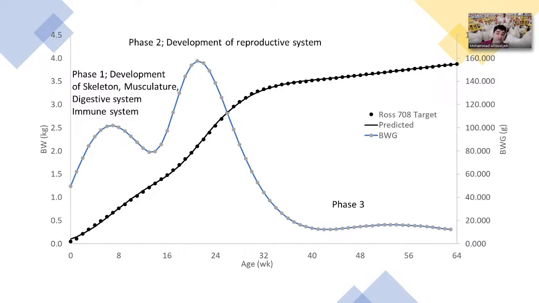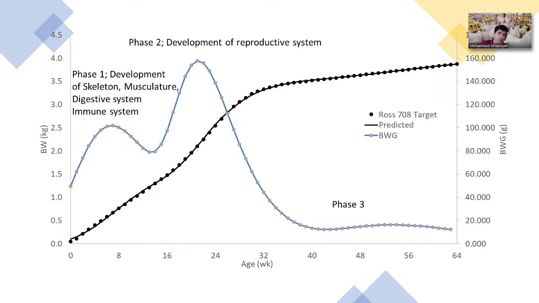It's a long time, and during their traveling in the truck, they don't really have access to a good environment, good diet. That's why when they arrive, we need to be a good host for them. We need to have a robust diet for them. And that's why phase 1 of growth is really important, and we need to pay specific attention to that.